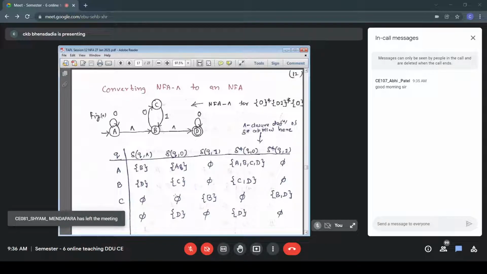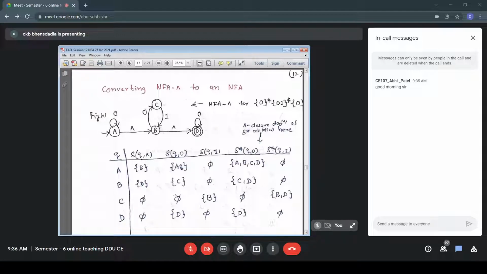So from the diagram, we write delta Q null, delta Q 0, delta Q 1. We have transitions defined on 0 from a state, on 1, and also on null because this is NFA-null. So the columns are delta Q null, delta Q 0, delta Q 1, the second, third, fourth columns respectively. These columns are filled based on our input NFA-null.